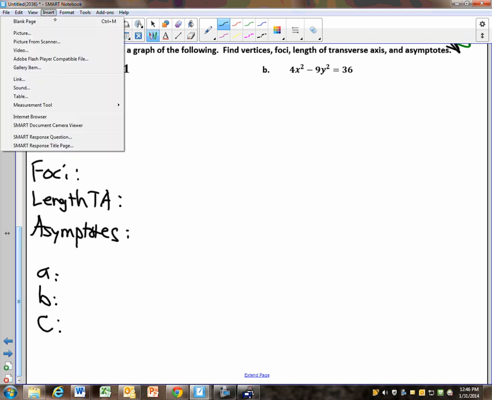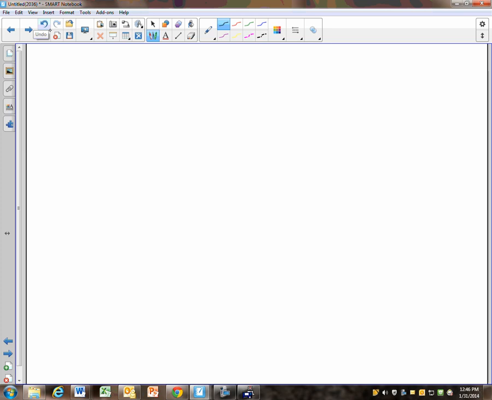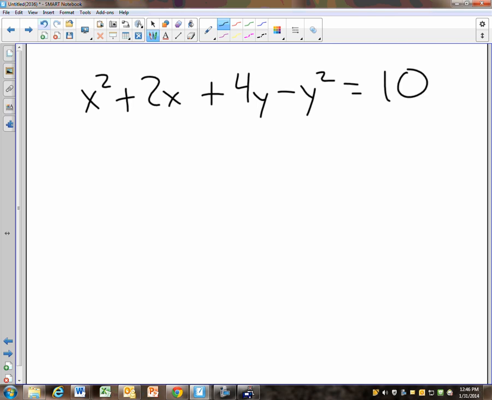And I say that because next week on Tuesday, I'm going to give you this, and you're going to have to turn it into either a circle, an ellipse, a hyperbola or a parabola, and you don't know which one it is. When I look at this, I can tell it's not an ellipse because you have one value positive and one value negative.